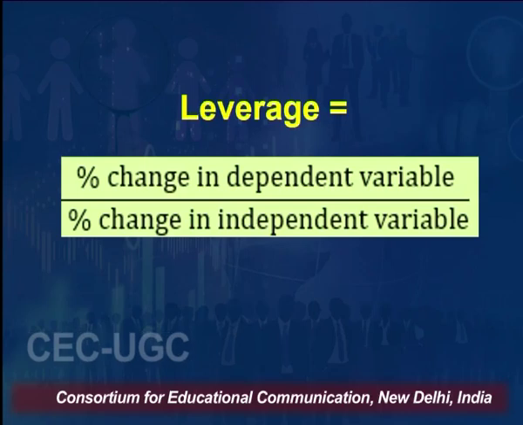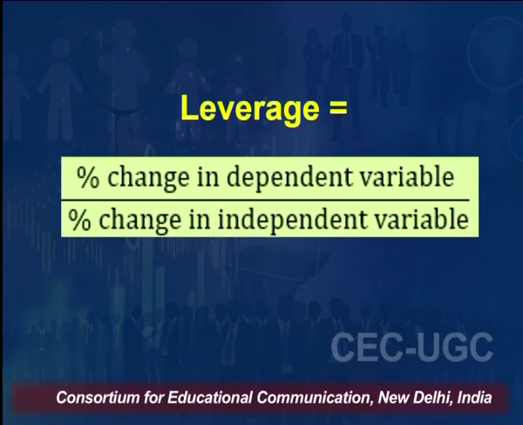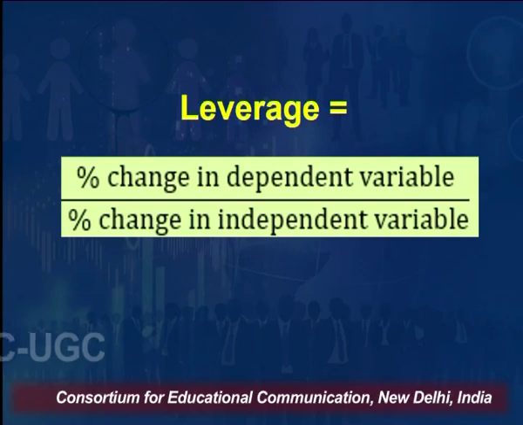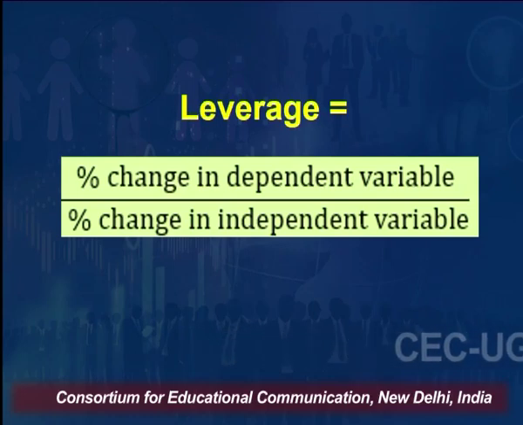When we are talking about leverage in terms of finance, we have a small formula which represents leverage. Leverage is the percentage change in dependent variable divided by the percentage change in independent variable. In my example, how our profit is changing or reacting according to change in sales, we can calculate in finance.